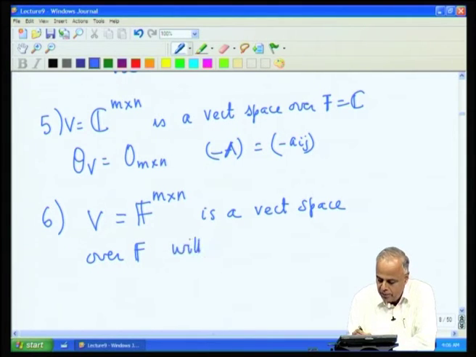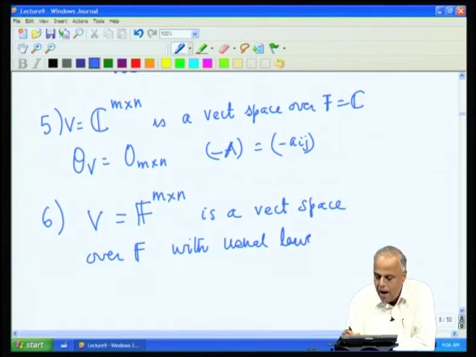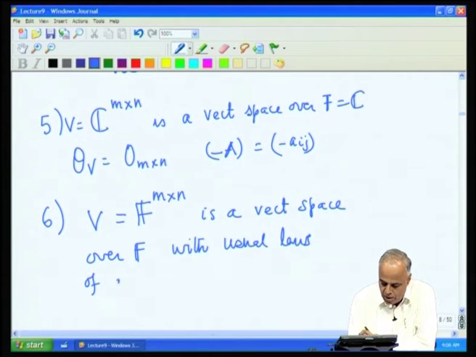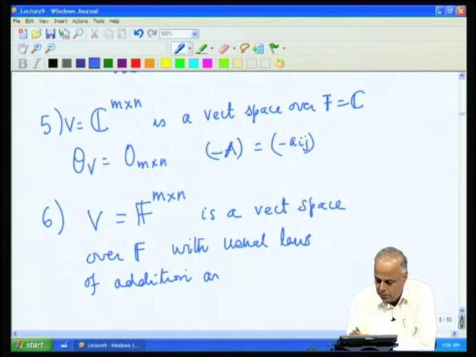Again, when we say with usual laws, that means we must add the matrices by adding corresponding entries. When we add corresponding entries, that must be according to the rule of addition in the field F. So, the usual laws of addition and scalar multiplication.